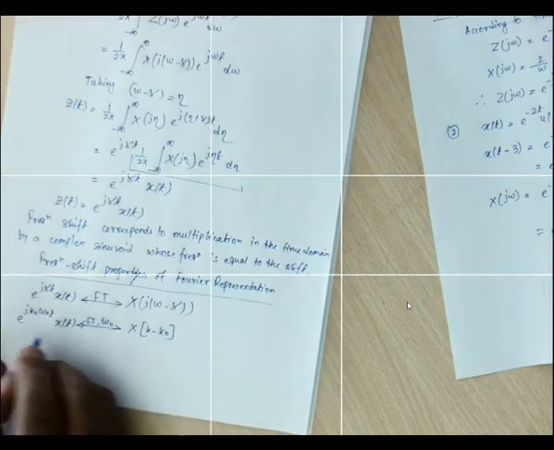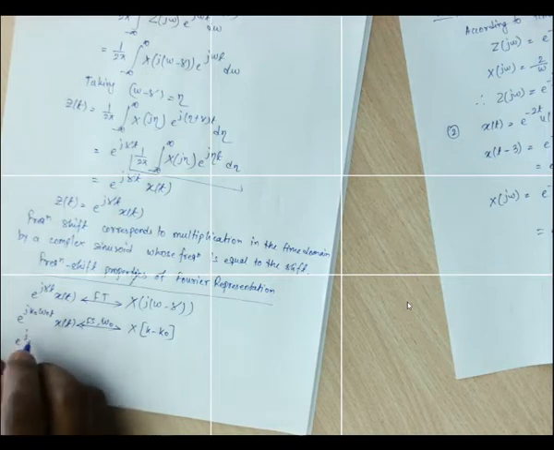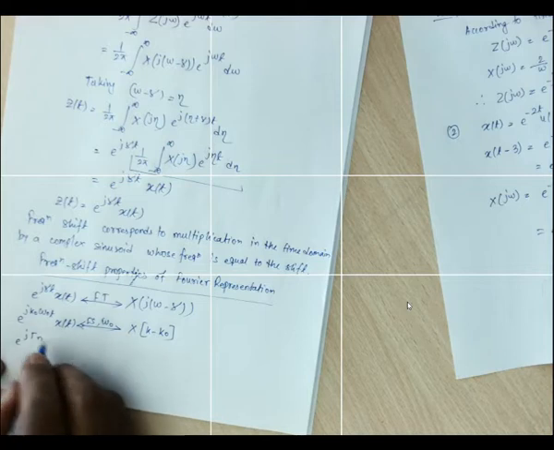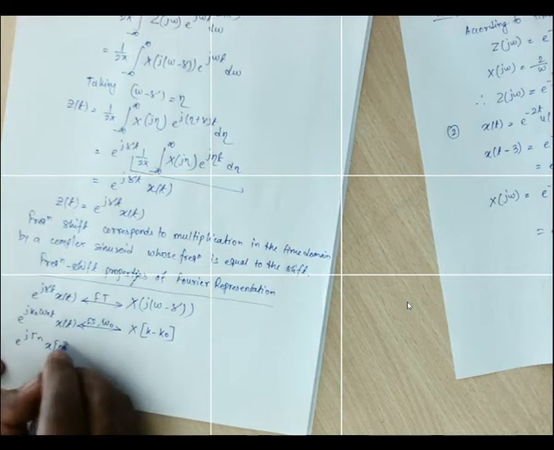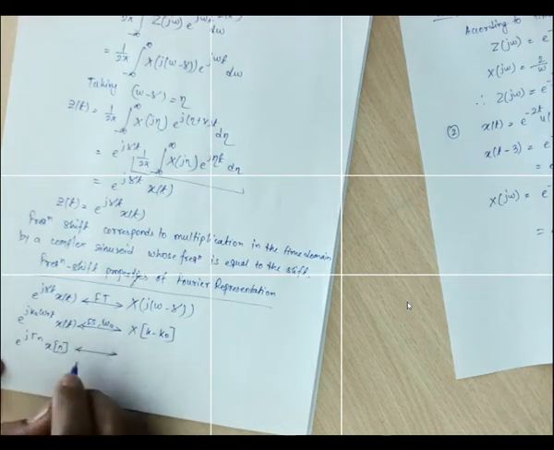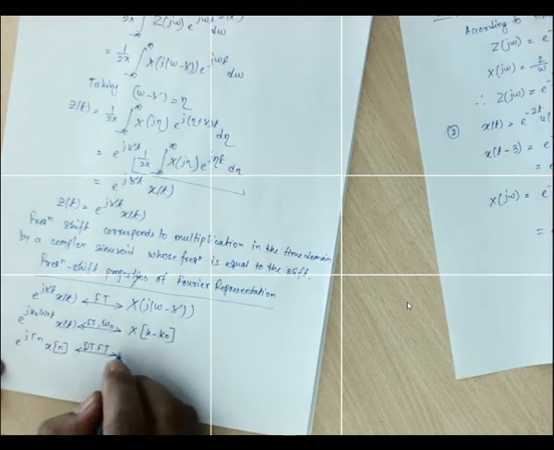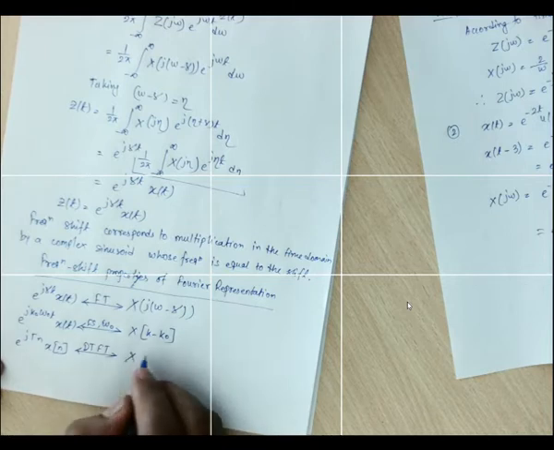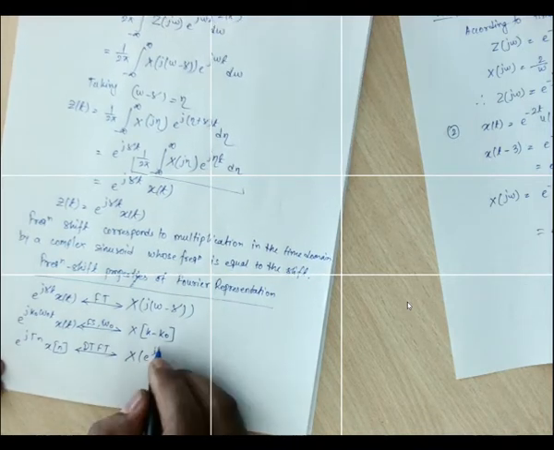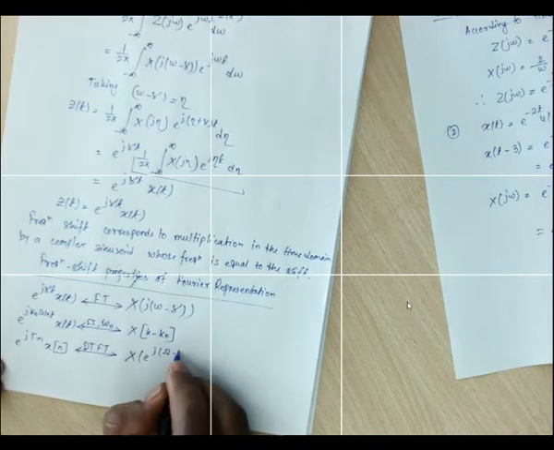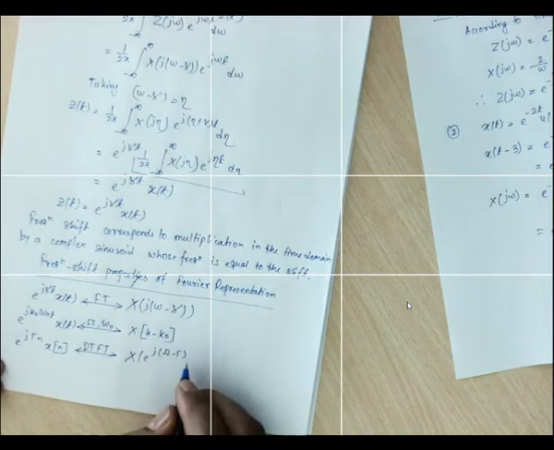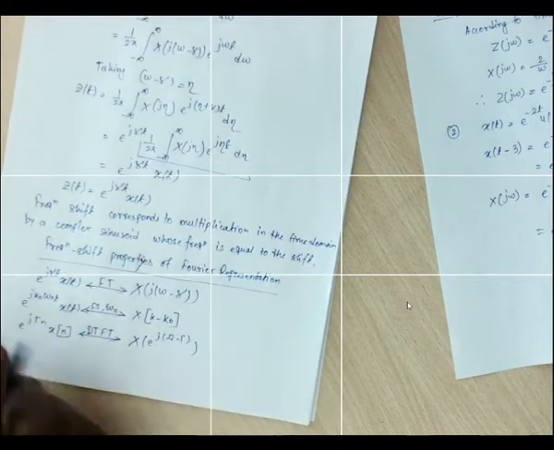Same for the discrete time, e to the power j capital gamma n x of n. If we take DTFT of this, then we are having x e to the power j, small gamma minus capital gamma, like this.